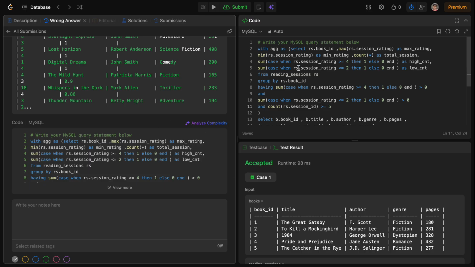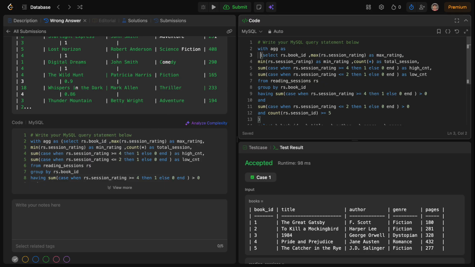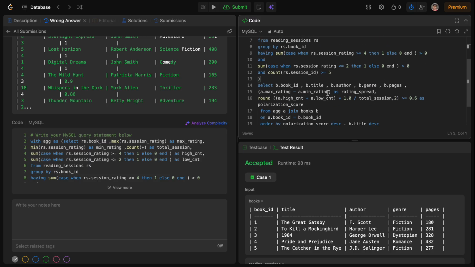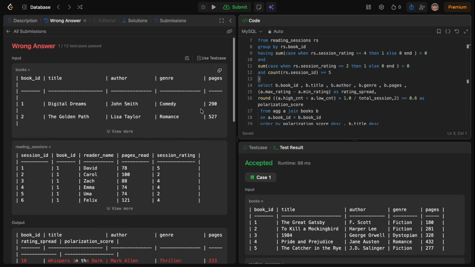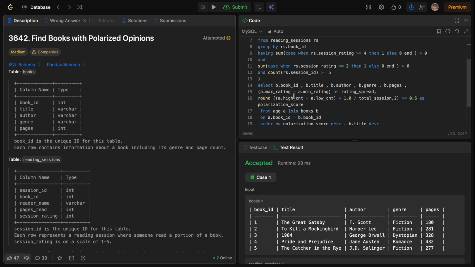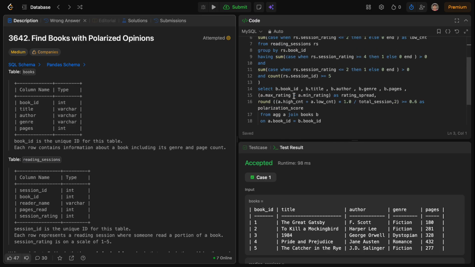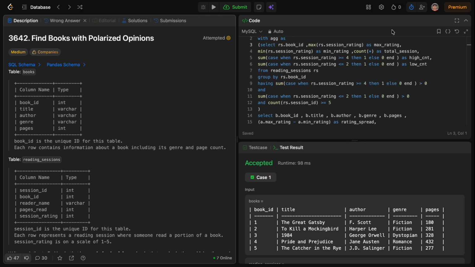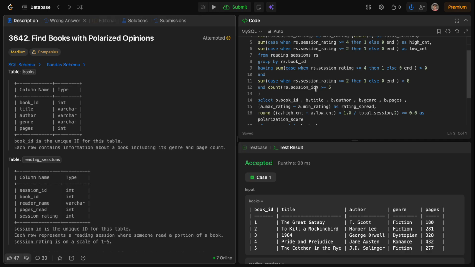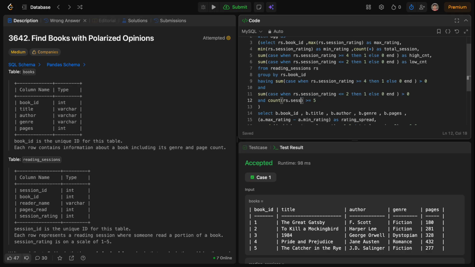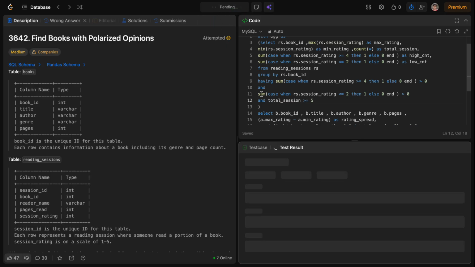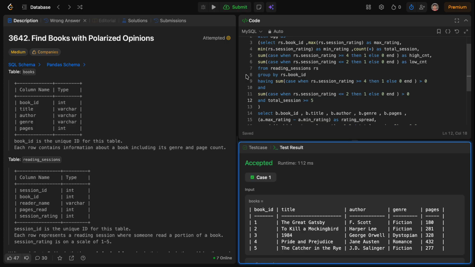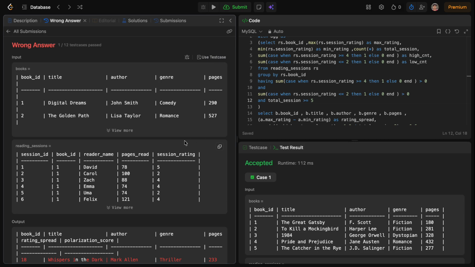So this now makes it very interesting. The session ID count should be greater than 5, count as total session, so we can use total session here. Still the same output.